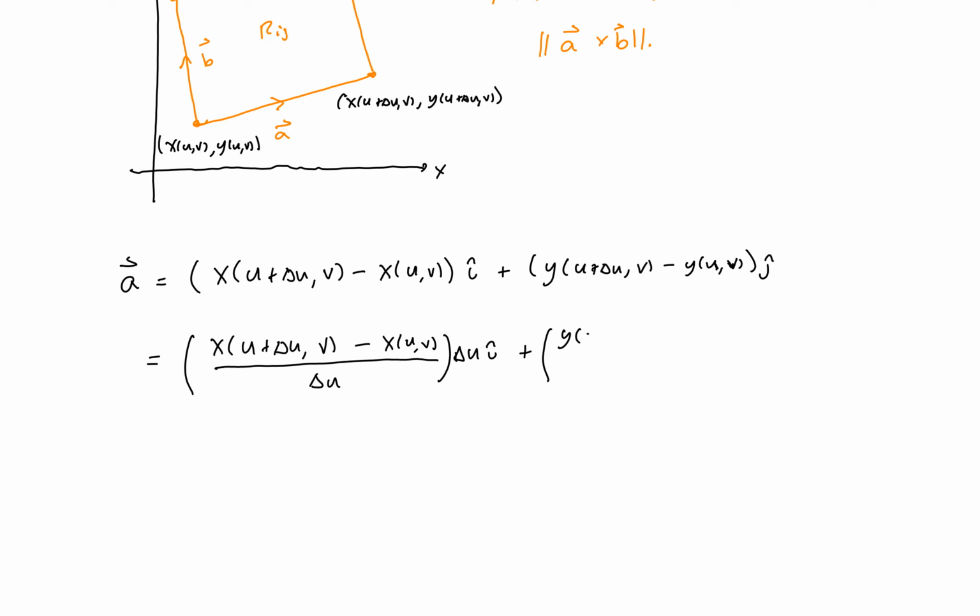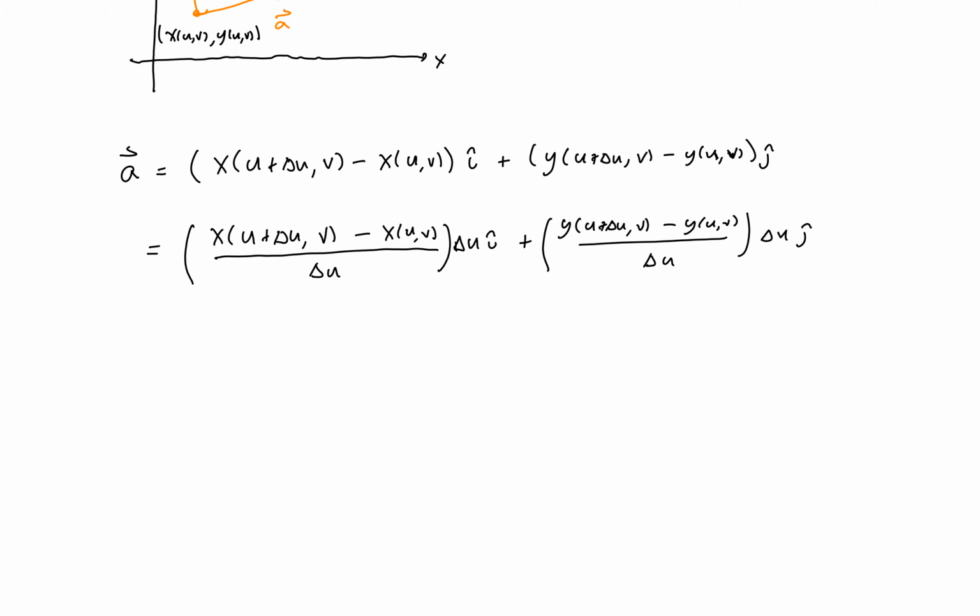And similarly for y. We're just inserting a delta u in the top and bottom, so we're really not changing anything. Then we can say this is approximately delta x over delta u, times delta u, i, plus delta y over delta u, times delta u, j.